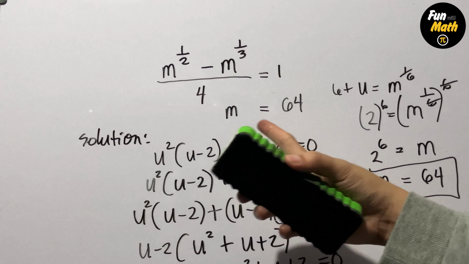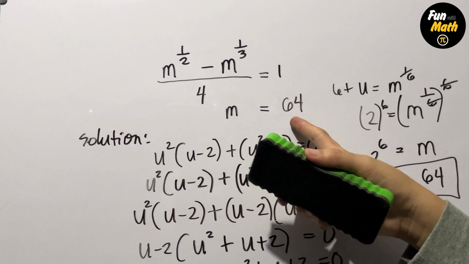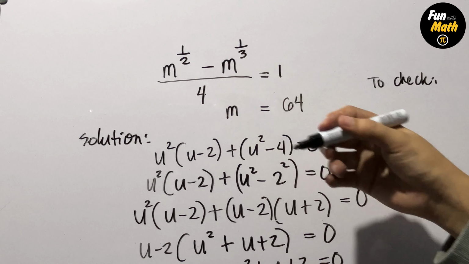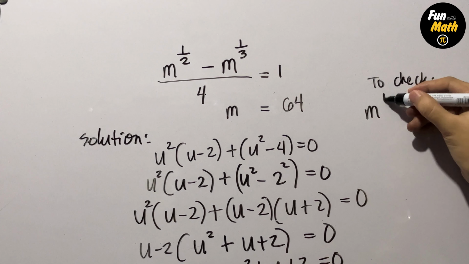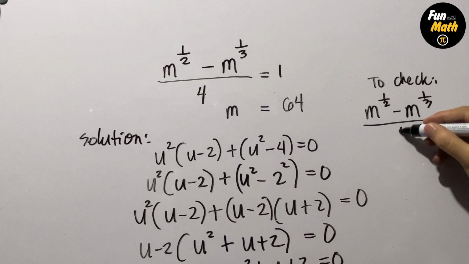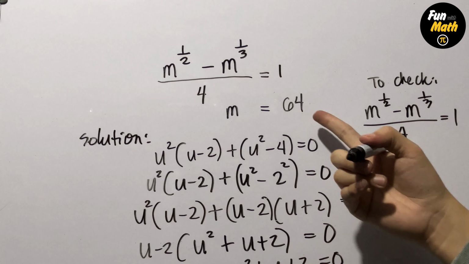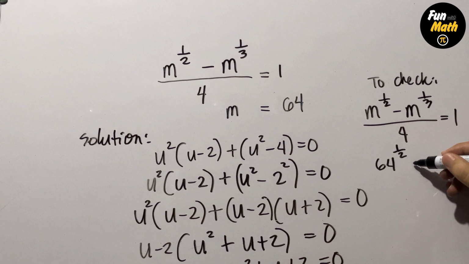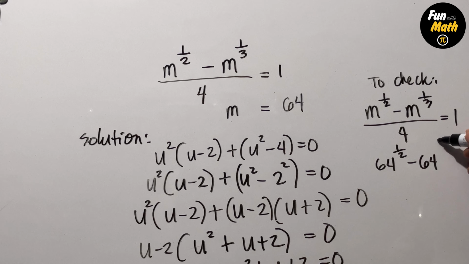And now we can check if the value of m is correct. So to check, using the original equation, m to the power of 1/2 minus m to the power of 1/3 all over 4 is equal to 1. Now substitute 64: 64 to the power of 1/2 minus 64 to the power of 1 over 3, all over 4 is equal to 1.